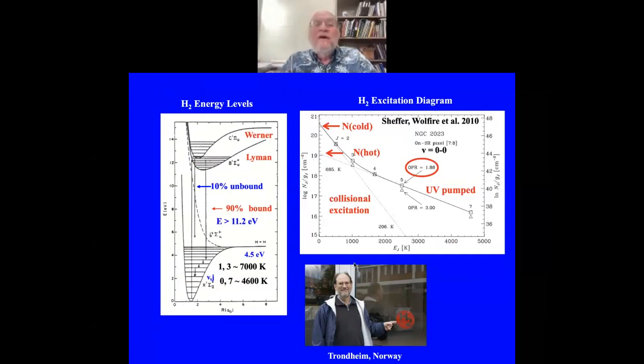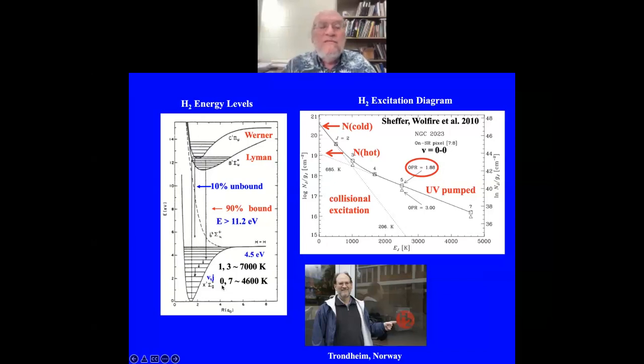Now, molecular hydrogen is also an important diagnostic in PDRs. This shows an energy level diagram for H2 as a function of distance between nuclei. So down here is the ground electronic state, and we have two excited electronic states. Then within each electronic state, there are vibrational levels and then rotational levels.